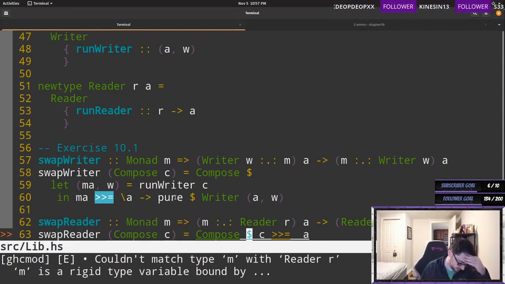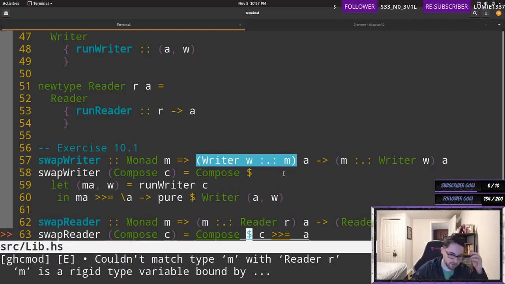The writer monad admits a distributive law with any other monad, from Writer W compose M to M compose Writer W. The reader monad admits a dual distributive law from M compose Reader R to Reader R compose M.